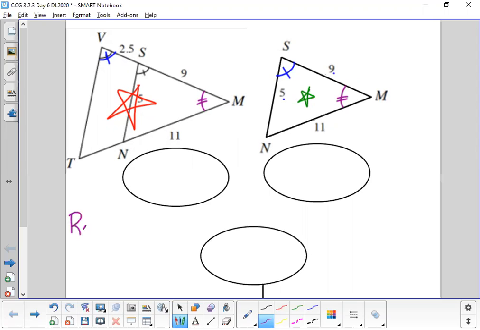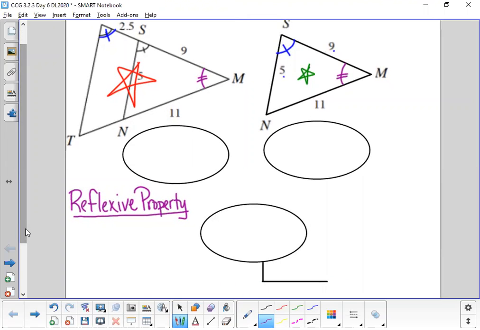So this is something that we call the reflexive property. And I would love if you would write the reflexive property down on your right side notes right now. So at the top of your right side, write the words reflexive property.